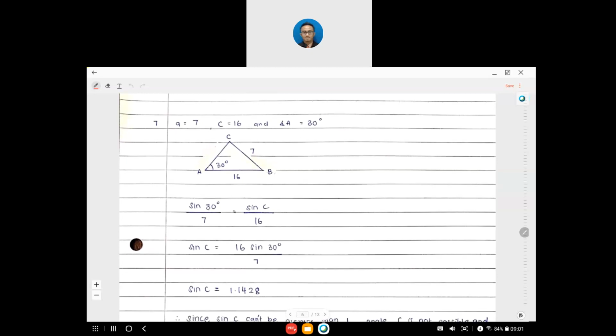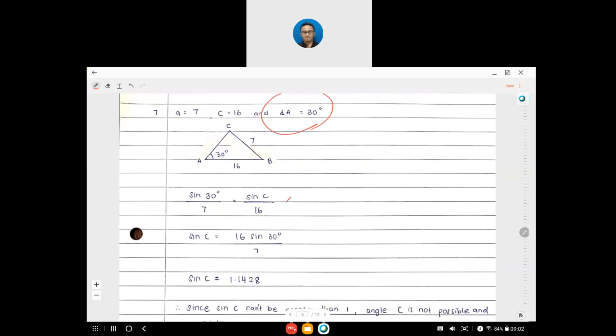Okay, in triangle ABC, a equals 7, c equals 16, and then the angle is equal to 30. So you want to check, okay, when you have one angle and two sides, we want to check whether you have two triangles or exactly one triangle. So you must explain why by using law of sine. So this one also same thing. Sine 30 degree over 7 equals sine C over 16.